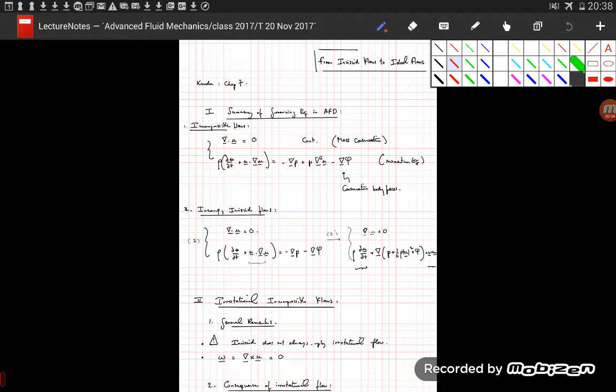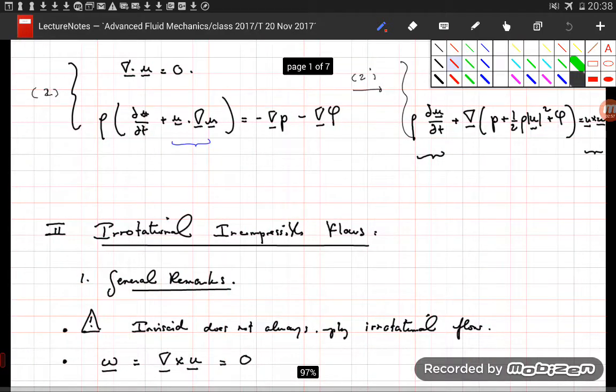Okay, so again, in our roadmap, we finished deriving all of the governing equations, we discussed boundary conditions, and now we are focusing on a particular subcategory of flows, which are ideal flows. And for ideal flows, the concept that we introduce is irrotationality.